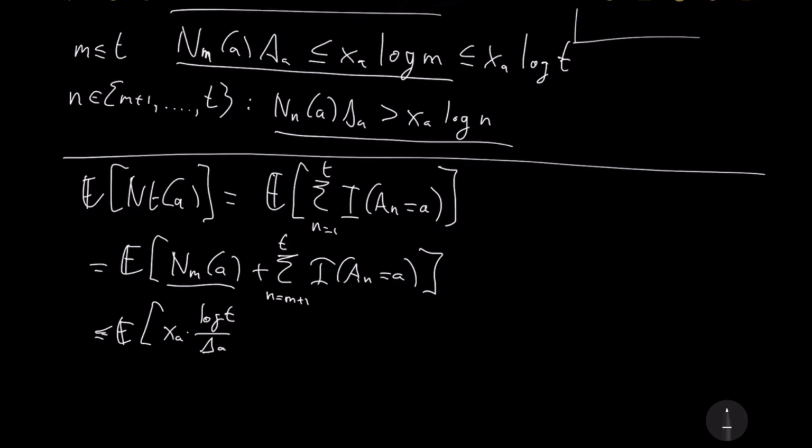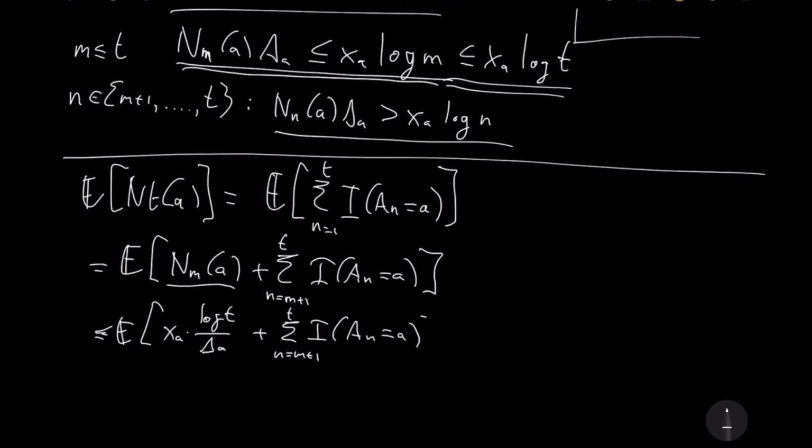I'm just using that property that we had up here for m. So there's some time step m for which we know that this is true, and I'm just plugging that in here. And then we have the remainder as we had up there. Just going to repeat that for completeness.